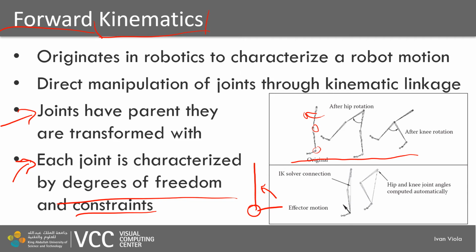So this concept of degrees of freedom characterizes the joints, and a single joint can have up to 6 degrees of freedom, meaning 3 degrees of freedom which are rotational in character and 3 degrees of freedom of a translational character.